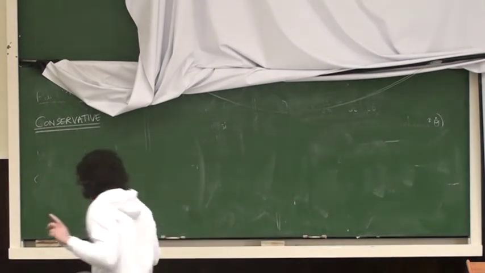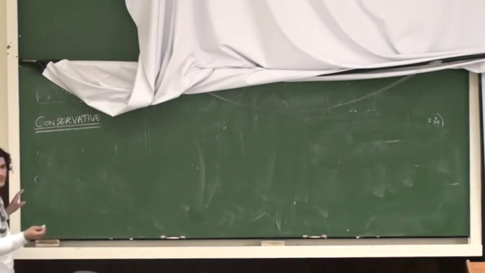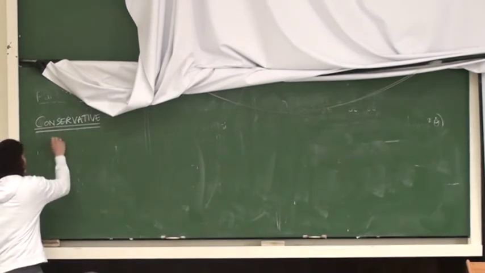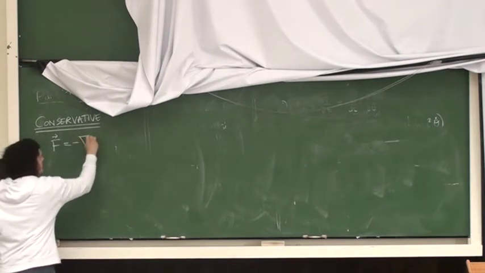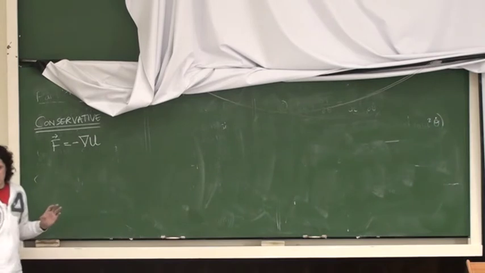For now, let's just write that conservative means that I can write my force as the negative gradient of some potential energy.